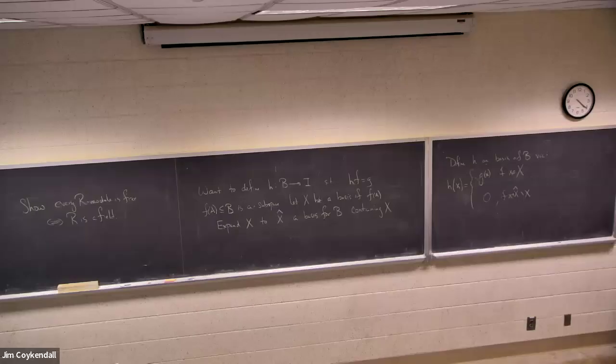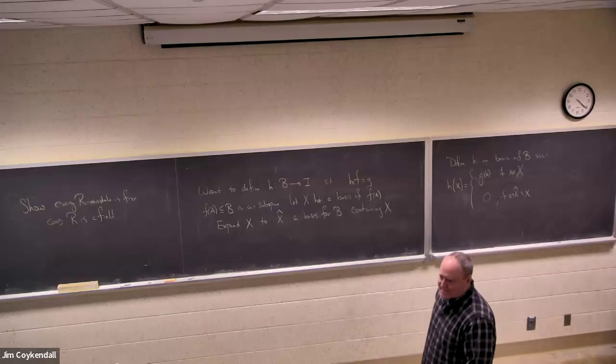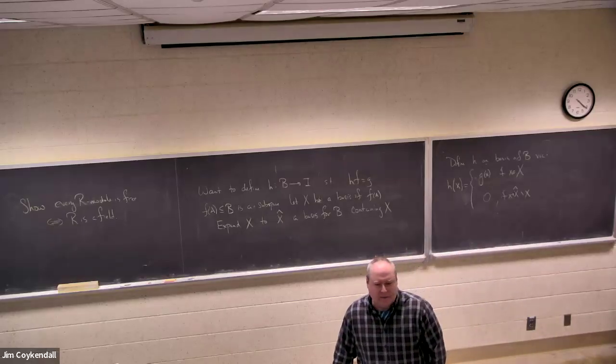Some kind of ideal, a maximal ideal, right? A commutative ring with identity is a field if and only if the zero ideal is a maximal ideal. What's the maximal ideal in a field?